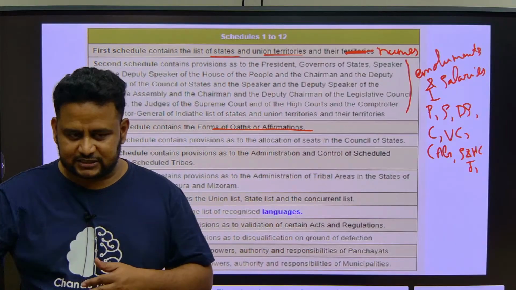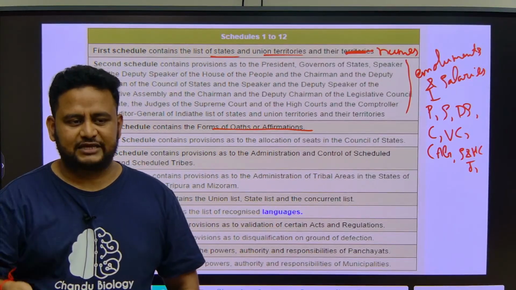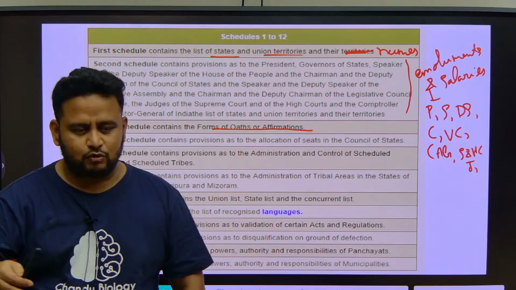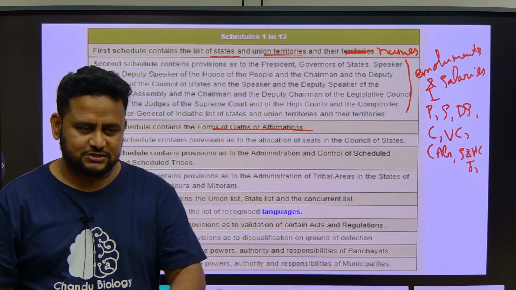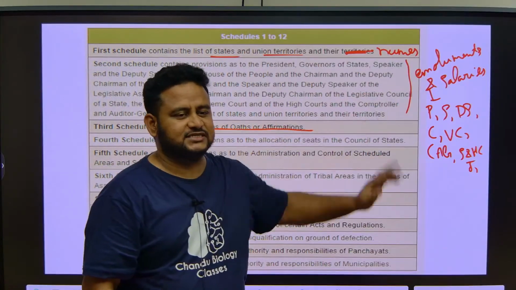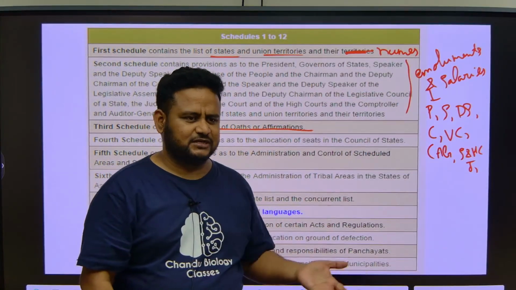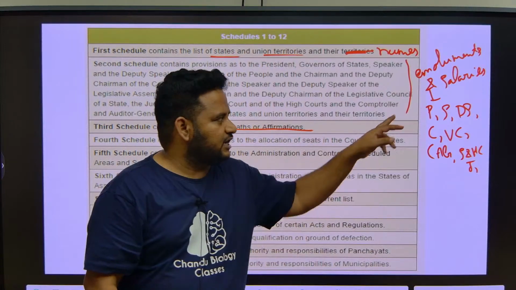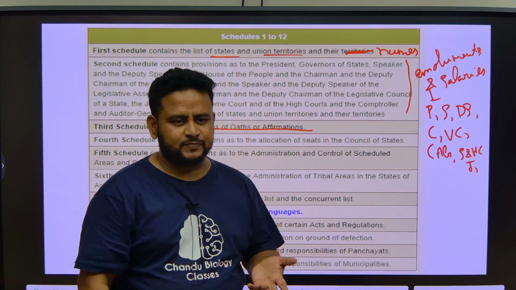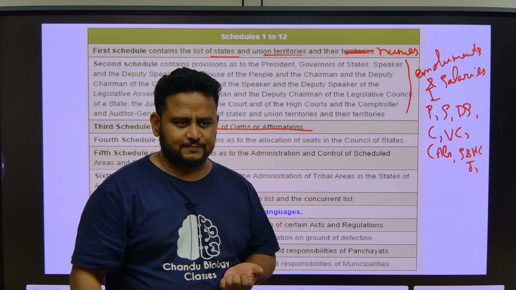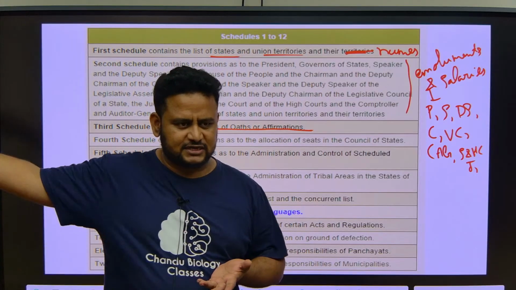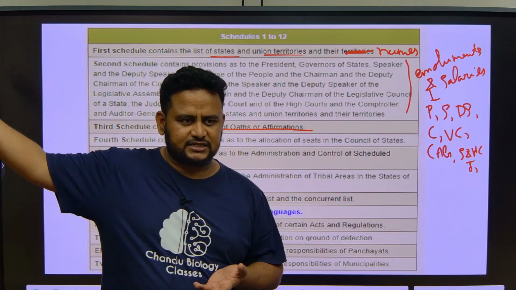Once you take oath and affirmations, you have to discharge the responsibilities. For that, you get emoluments and salaries. Emoluments can be pension, other allowances, and salaries. For example, the president gets Rashtrapati Bhavan, rent-free accommodation. Governor gets Raj Bhavan. You can see Raj Bhavan here also, near Secretariat, on that road.